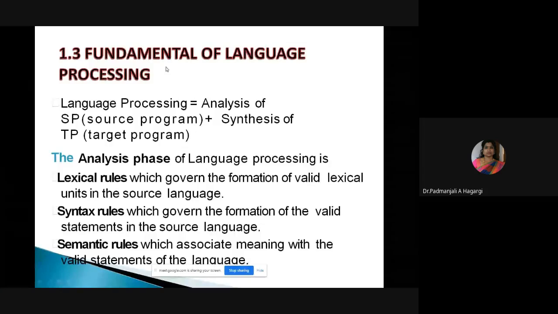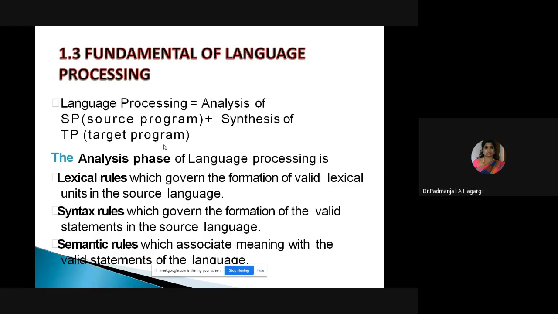Today's next feature is the fundamentals of language processing. Language processing is equal to analysis of the source program and synthesis of the target program. We have studied the processors.